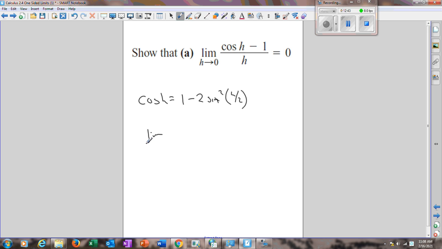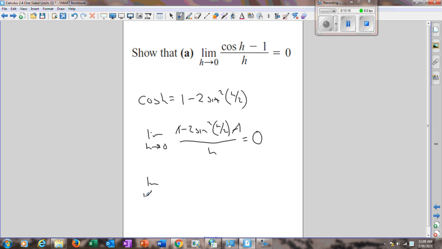It gives me the limit as h approaches 0 of 1 minus 2 sine squared of h over 2 minus 1 over h. And I'm trying to show that that's equal to 0. Still don't know that it is, but we're getting there. I now have 1 minus 1. Those cancel out.